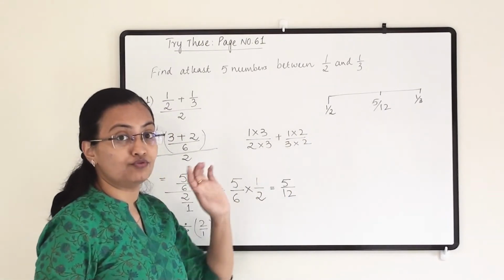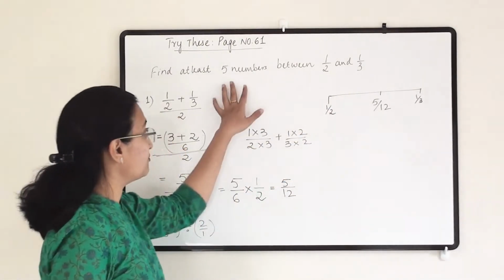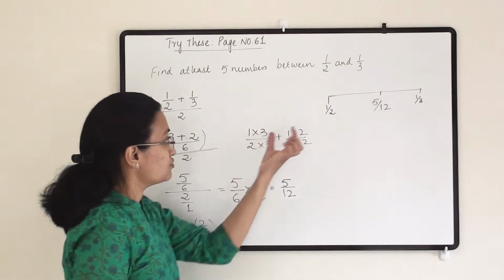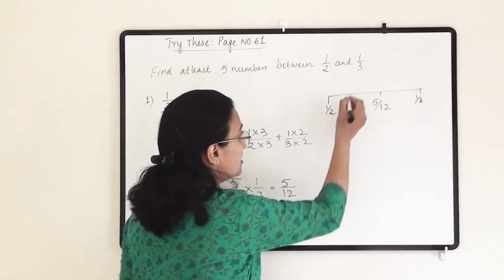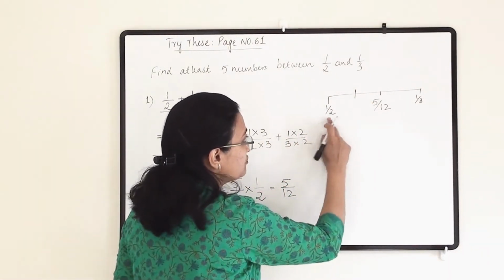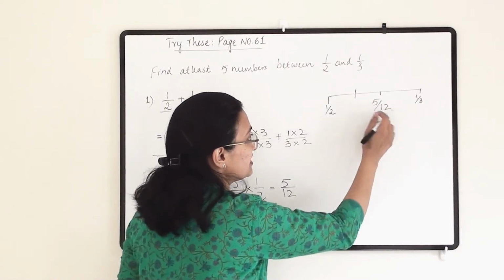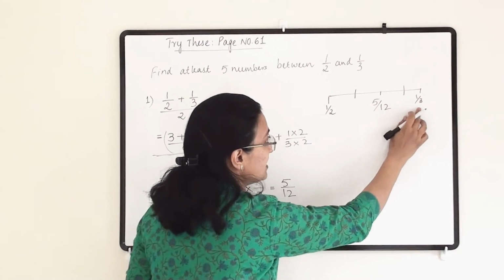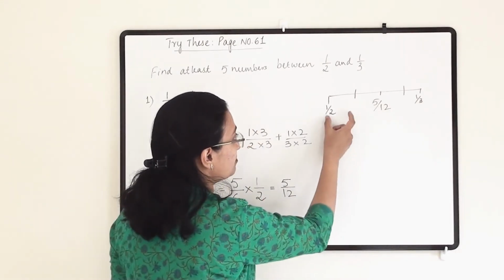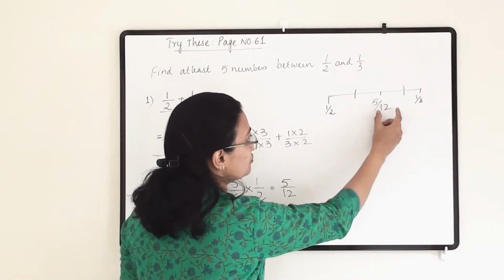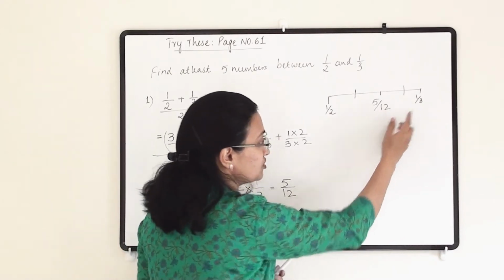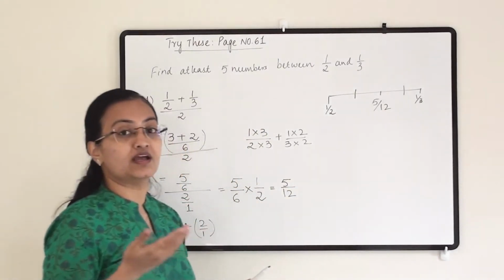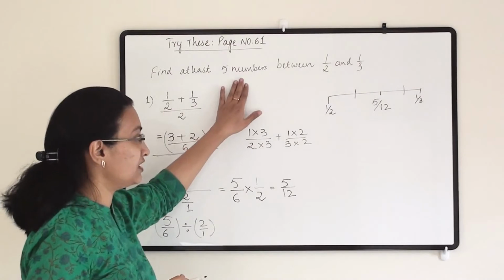Now we have to find 4 more numbers. So now we can find the number in between 1 by 2 and 5 by 12. Similarly, we will find one more number in between this number and this number, and similarly we can find the number between these two. So many numbers you can find out. Here we have to find out only 5 numbers.